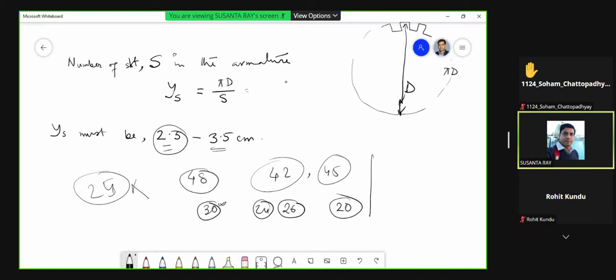observe here, the value of the number of slots divided by the number of poles. If it is an integer, you cannot go for a wave winding. You have to go for a lap winding. But if it is not an integer, then you can go for the wave winding.